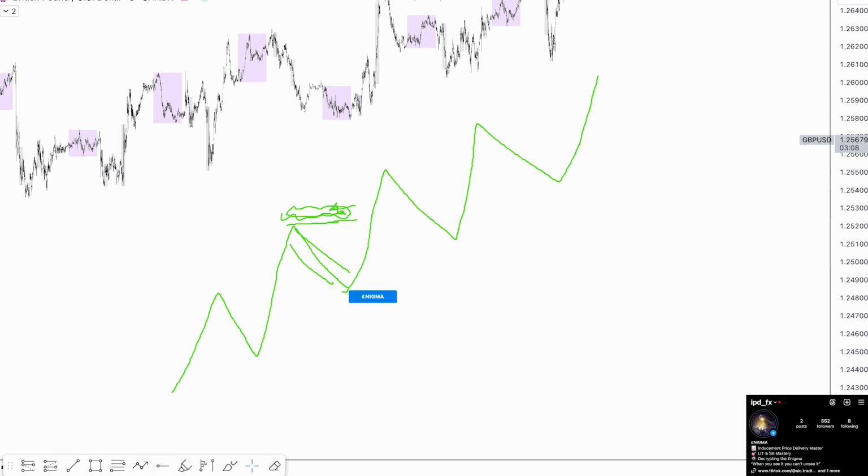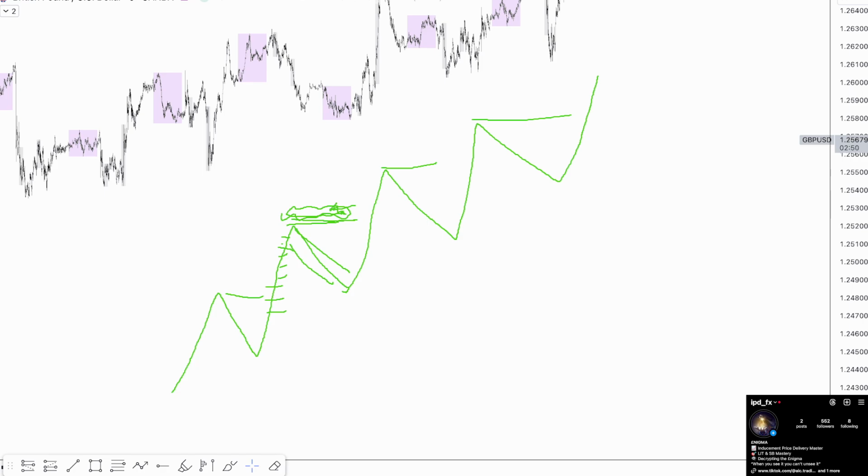For example, here we take out the internal structure. So what we have are breakout traders here, and the stop losses of traders that want to trade the transactional liquidity.